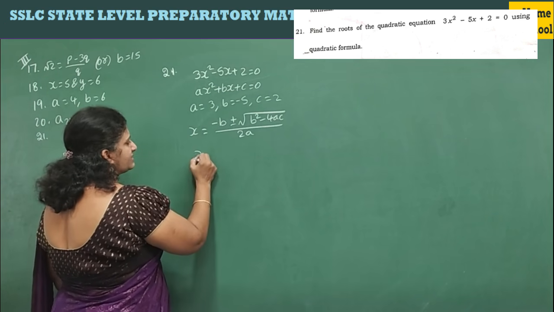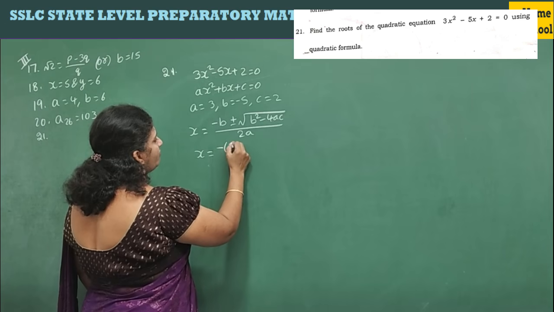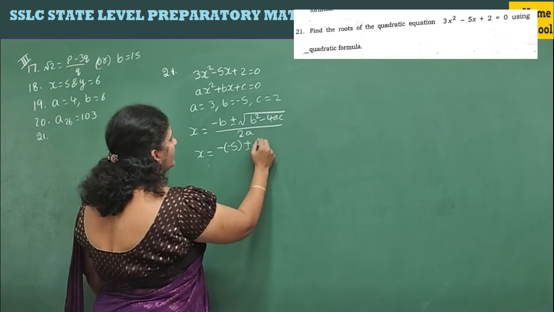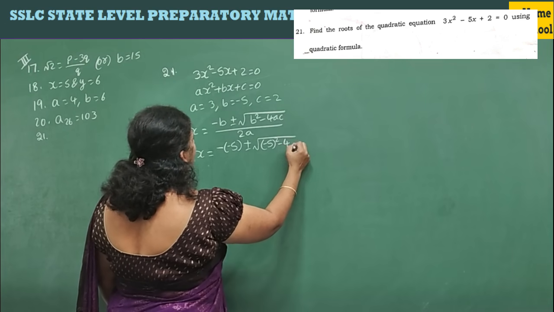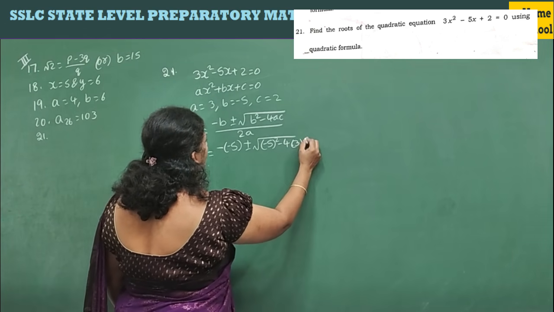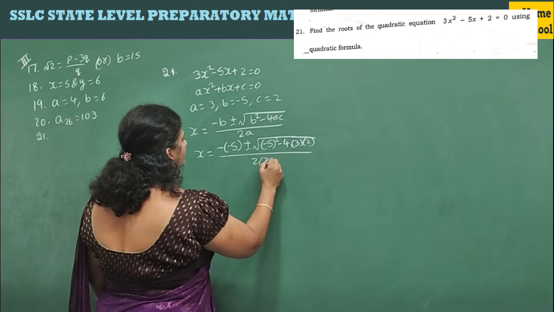x value is x itself. x also you need to write: minus of minus 5 plus or minus square root of (minus 5) whole square minus 4 into 3 into 2, whole divided by 2 into 3.